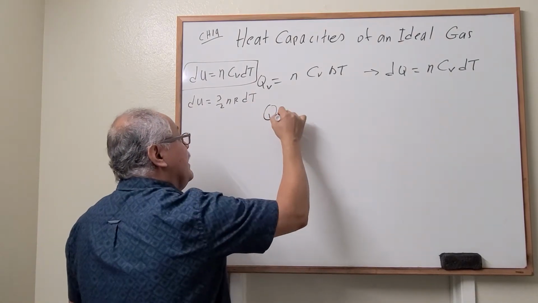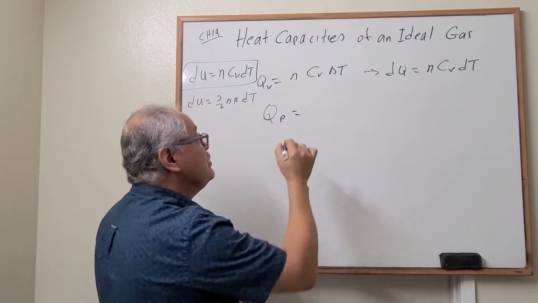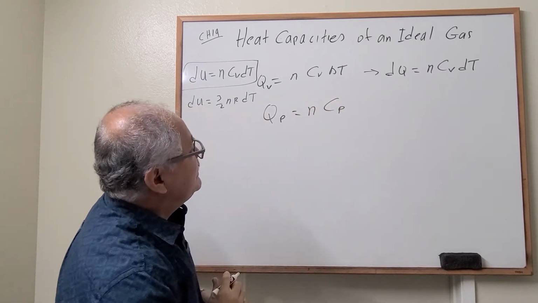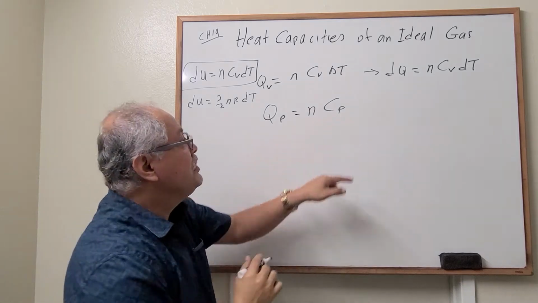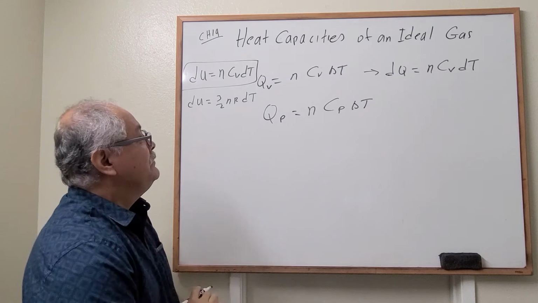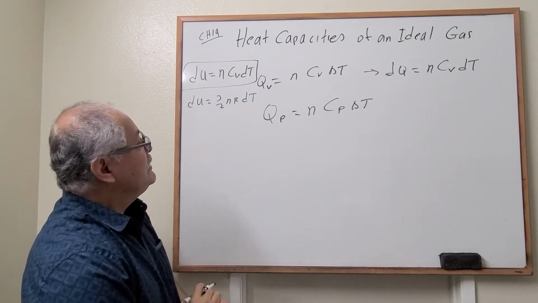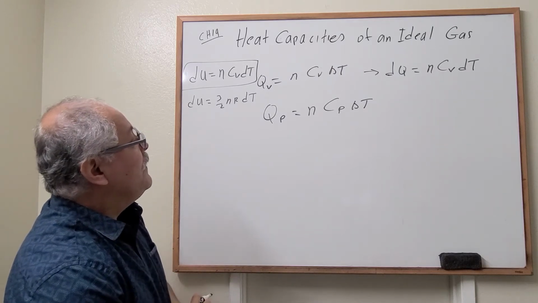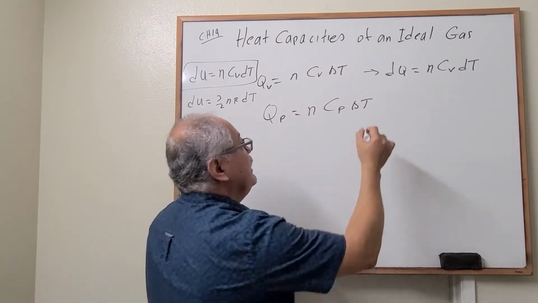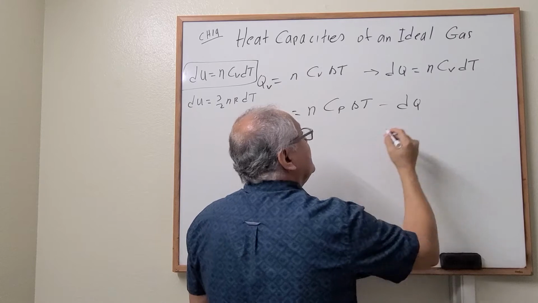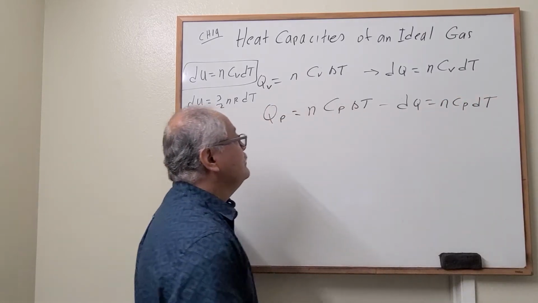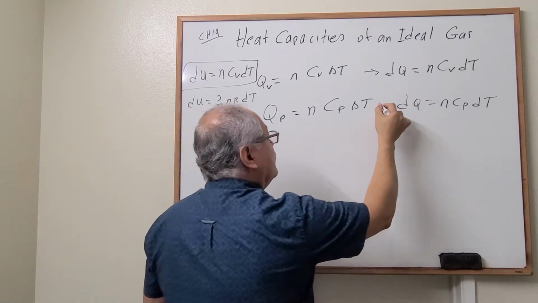Heat at constant pressure should be equal to n times molar heat capacity at constant pressure times the change in temperature. Also, we can represent this as n Cp dT, the same form as before.